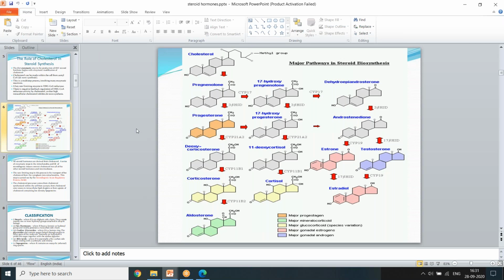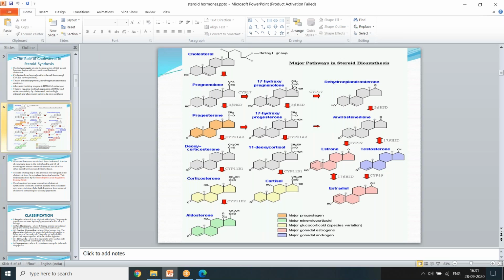So when cytochrome P450 is present, this cholesterol will be converted to pregnenolone, and the same cytochrome P450 will add a hydroxy group at the 17 position of pregnenolone to give you 17 hydroxypregnenolone.